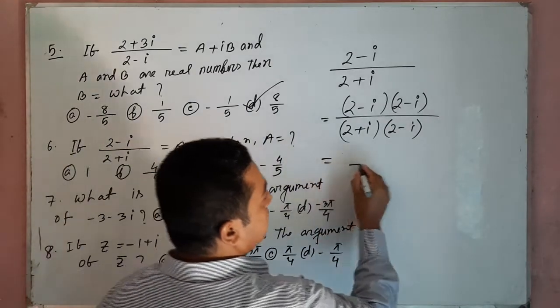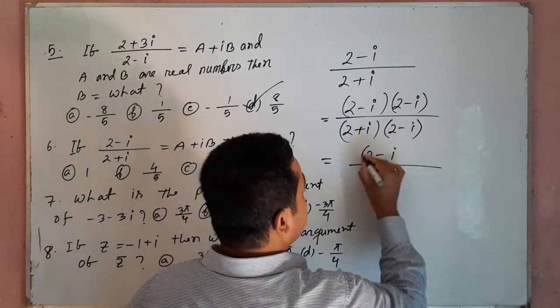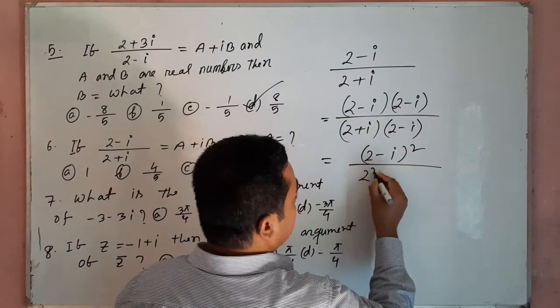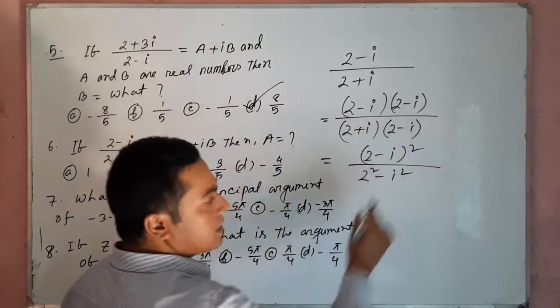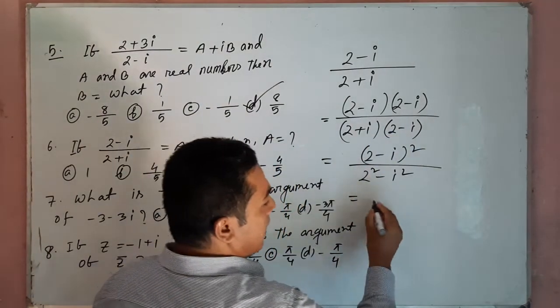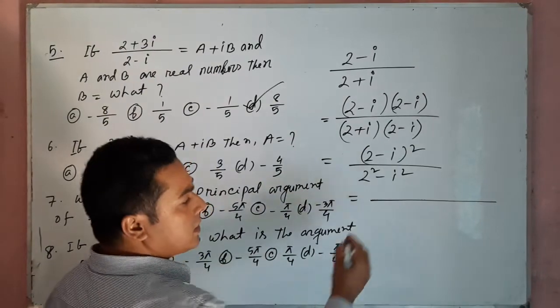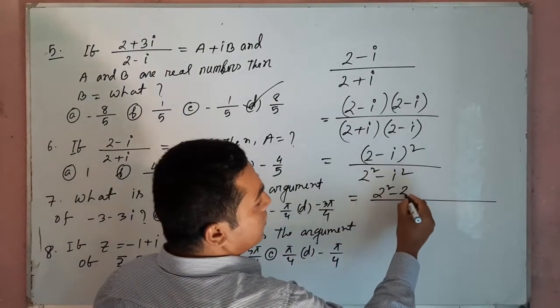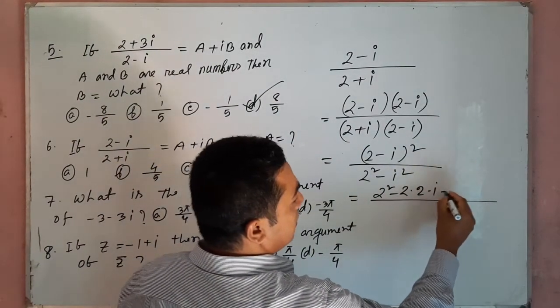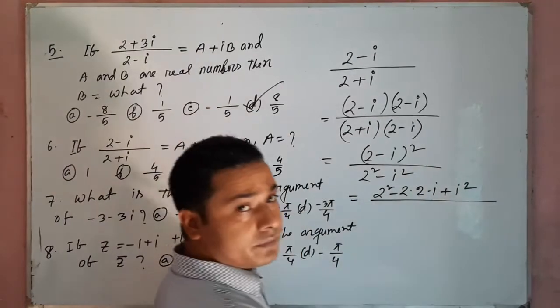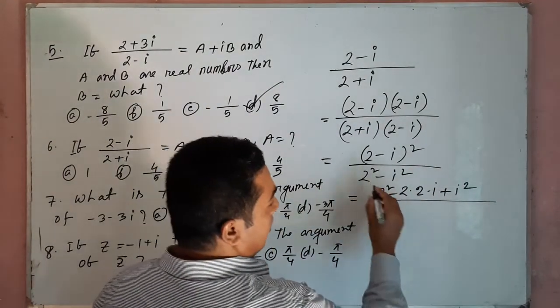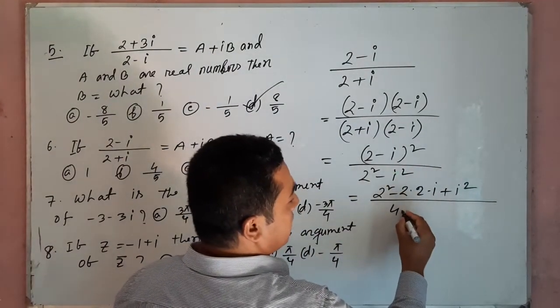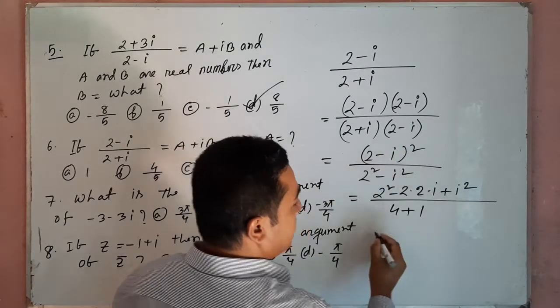Then (2 minus i) whole square, and in the denominator 2 square minus i square by the algebraic formula. In the upper part, (a minus b) whole square is a square minus 2ab plus b square, and in the denominator 4 plus 1, since i square is equal to minus 1, minus minus makes plus.